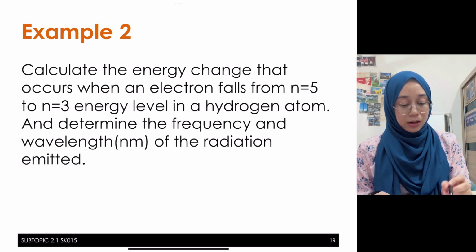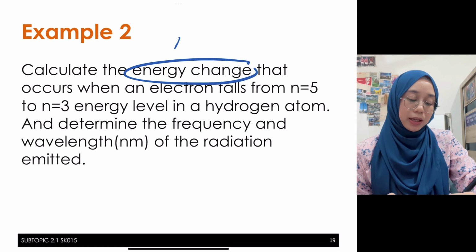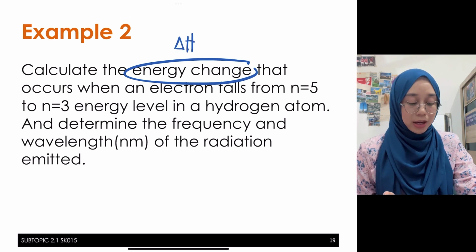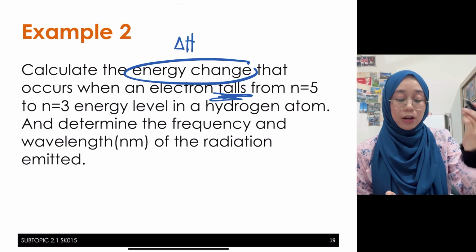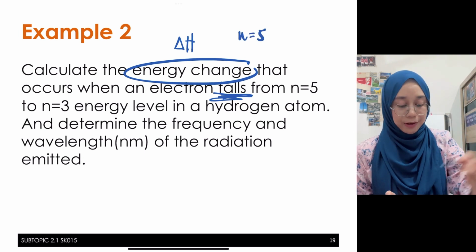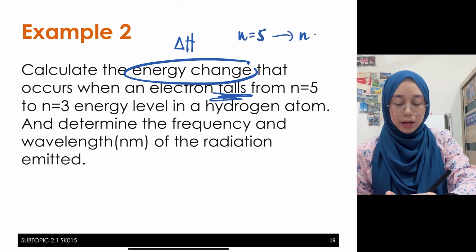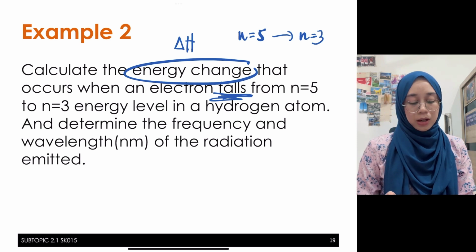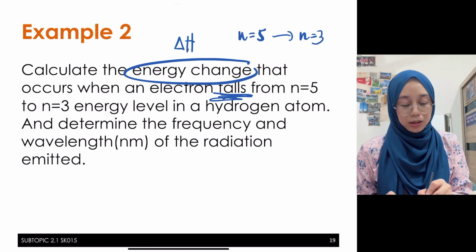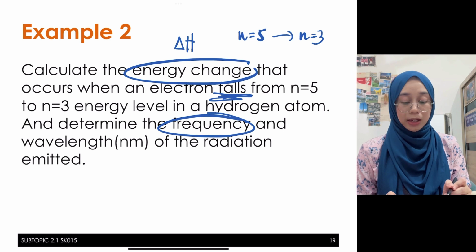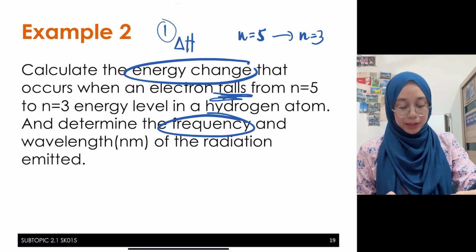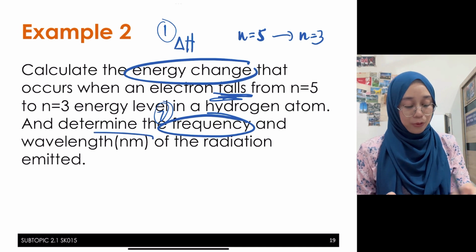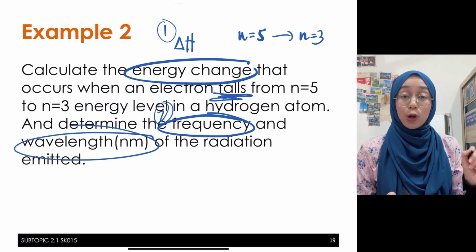Kita kena kira energy change. Energy change meaning kita kena kira delta E, right? That occurs when electron falls from n equals to 5 pergi kepada n equals to 3. So determine the frequency. Oh, ada banyak juga dia minta ni. Yang first dia minta energy change, and then dia minta frequency, dia minta juga wavelength, specifically in nanometer.